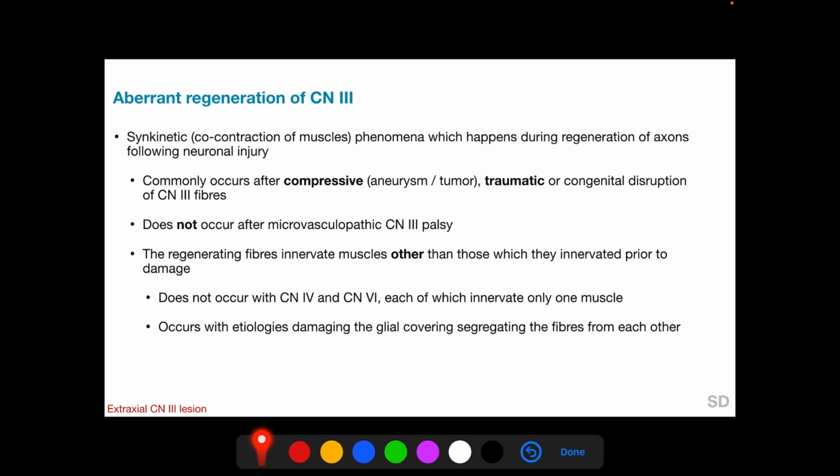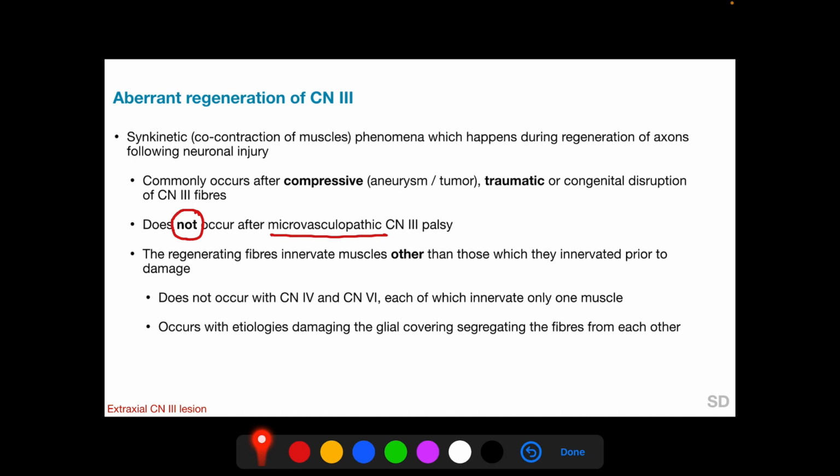What is important to remember is aberrant regeneration can occur after a compressive, traumatic, or a congenital lesion of the third cranial nerve, but it never occurs after a microvasculopathic injury of the third cranial nerve. The synkinesis occurs because the regenerating fibers innervate muscles other than those which they innervated prior to the damage.